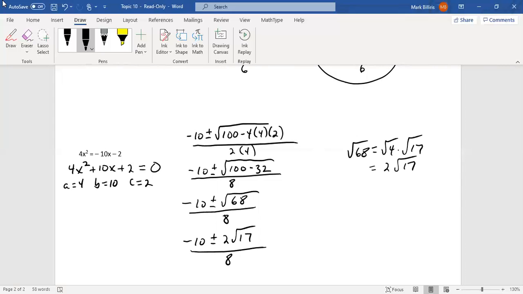Now we look to see if anything can divide into negative 10, 2, and 8. Since 2 does, we divide 2 out of each one of these. So our final answer would be negative 5 plus or minus, you don't need to show the 1, so we can do it as the square root of 17 all over 4.